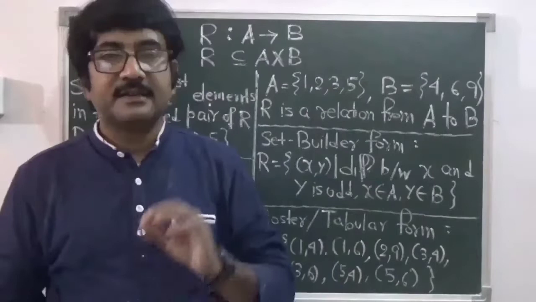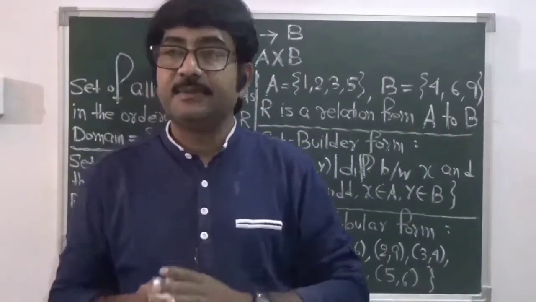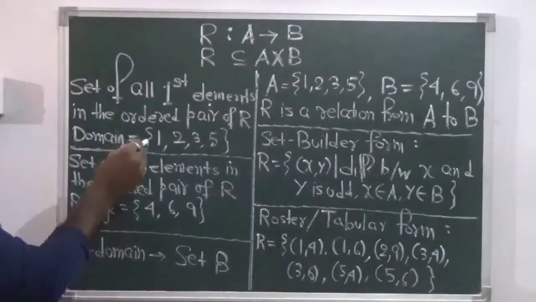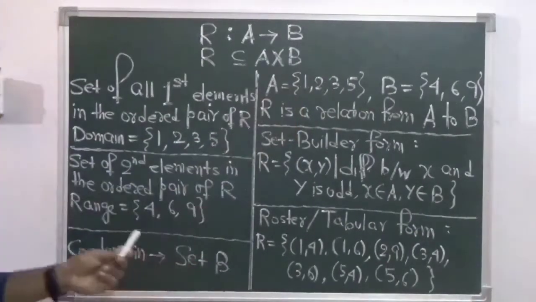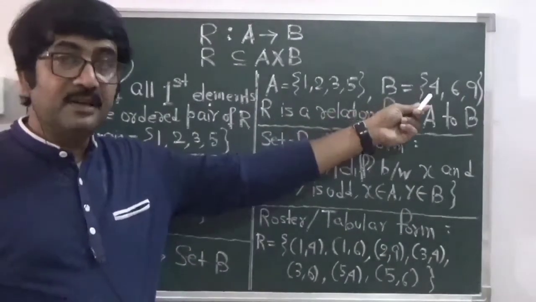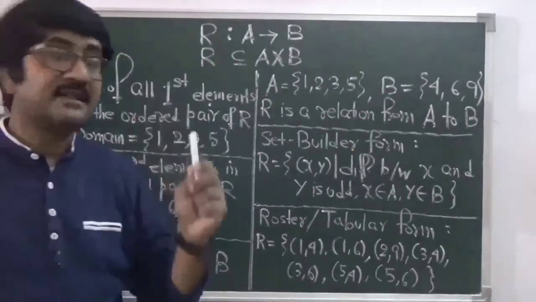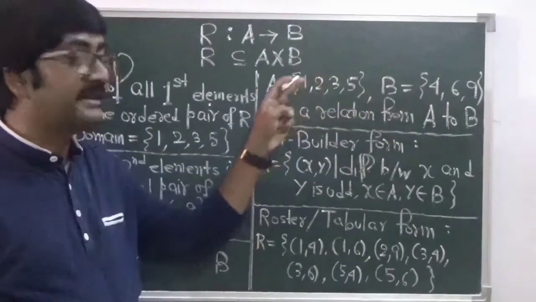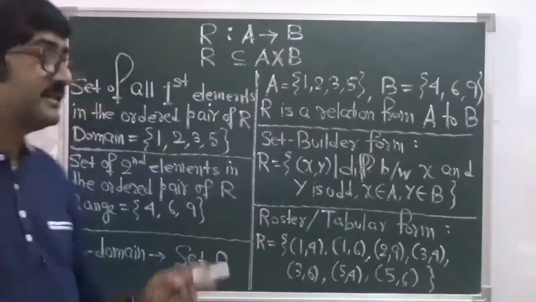Also note that the domain of a relation from set A to set B is a subset of set A. The domain 1, 2, 3, 5 is a subset of set A, and the range 4, 6, 9 is a subset of set B, because, as we have said, in the range there might be some elements of set B which are not connected to any element of set A, and those elements of set B will not be a part of the range.